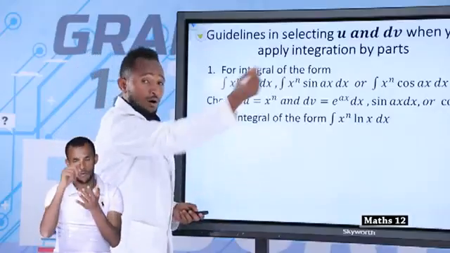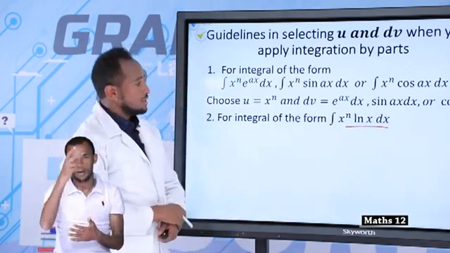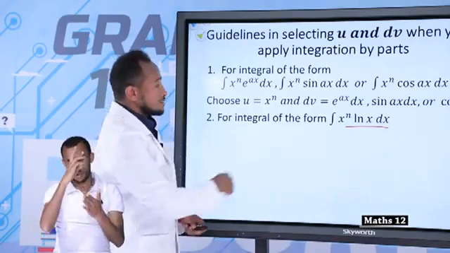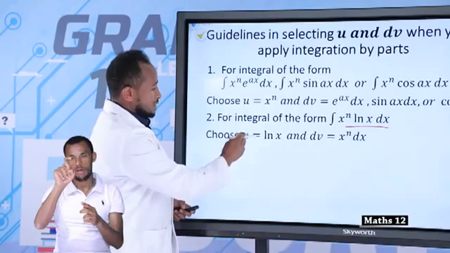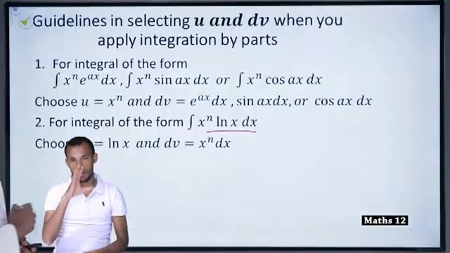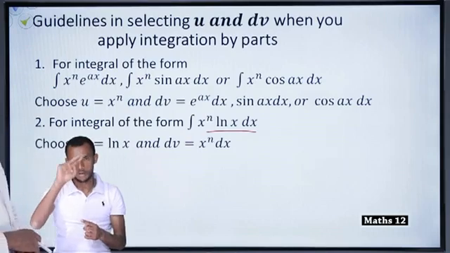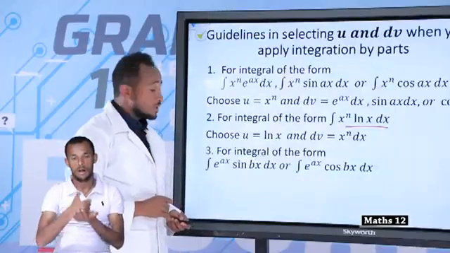Okay, let's see the second guideline. For an integral of the form x raised to n ln x dx, in this case assume u to be ln x, and dv to be x raised to n dx. And let's see the other guideline, guideline number 3.